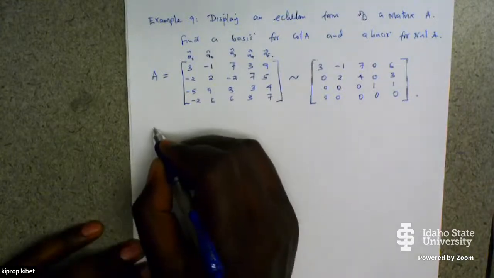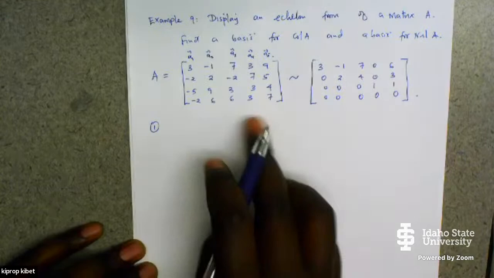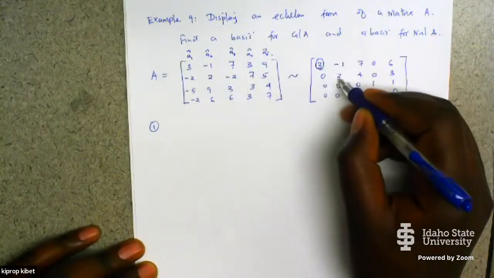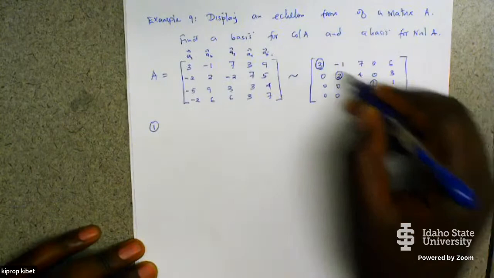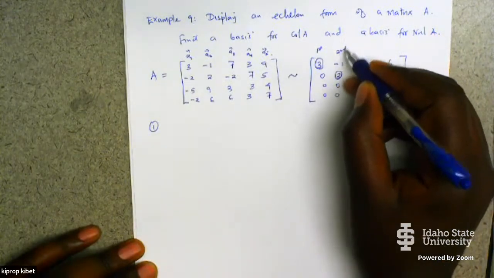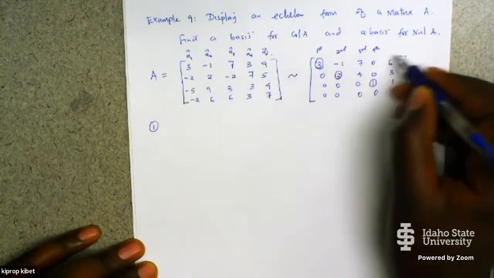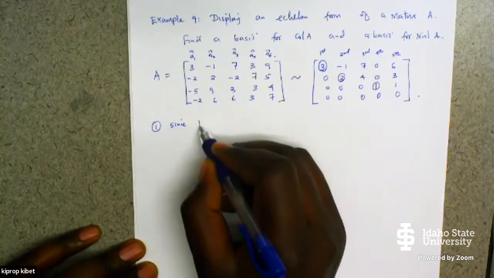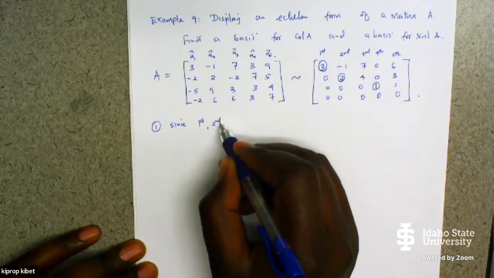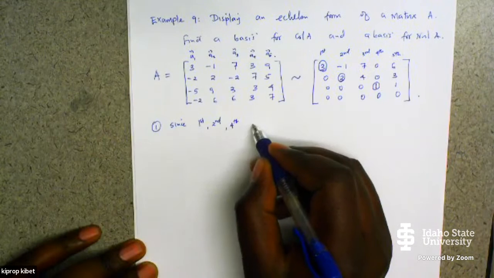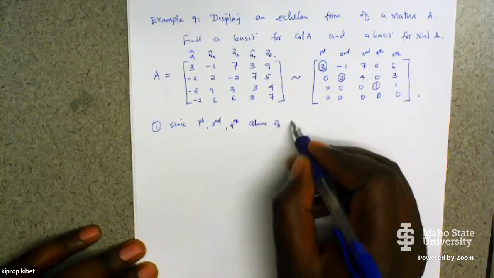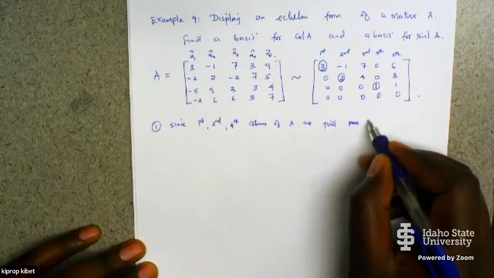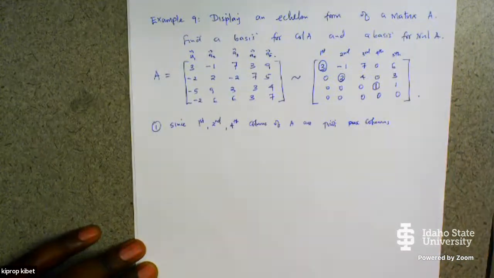Now, number one. If you look at the reduced echelon form here, we have the pivot positions on the first, second, and fourth columns of A, which are the pivot columns.